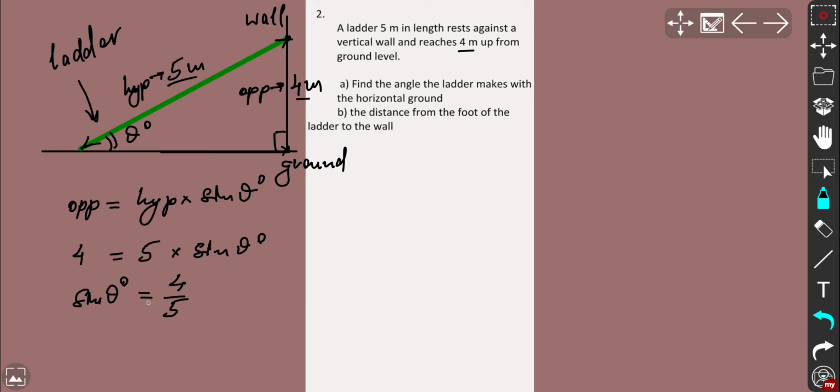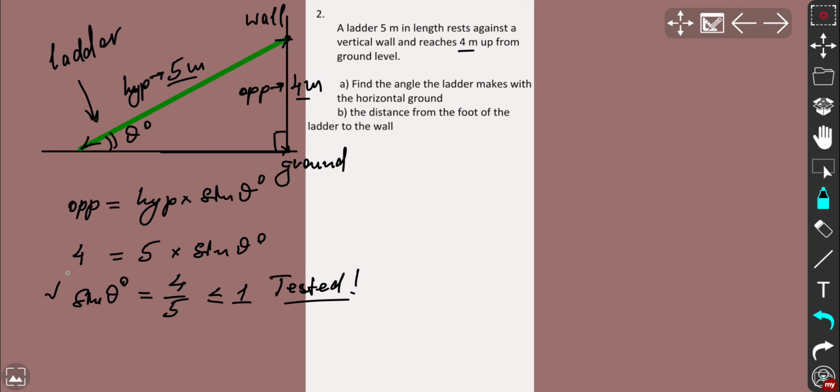Make sure you did it correctly, because otherwise your sine will be more than 1. It cannot exceed 1 in any circumstance, so it's less than 1. That fraction is a proper fraction, so the test is passed.